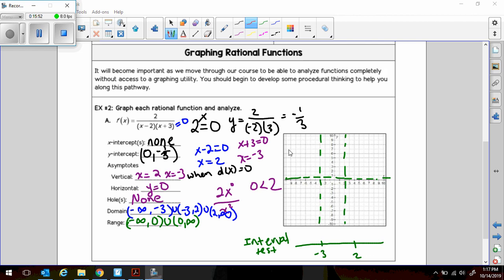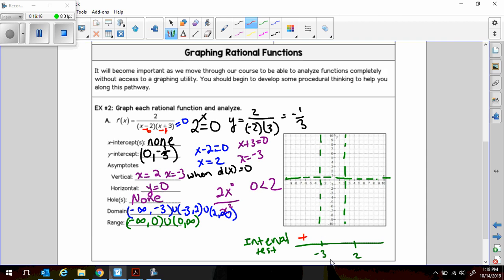On the left-hand side of negative 3, we need to try something. I'm going to try negative 4. You can try whatever you would like as long as it's over here. When I plug in negative 4, negative 4 minus 2 is negative 6. And then negative 4 plus 3 is a negative. A negative times a negative will be a positive, so this would be plus.